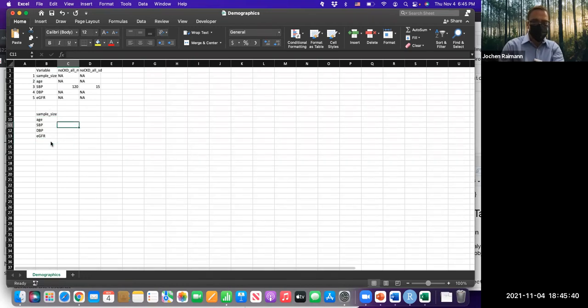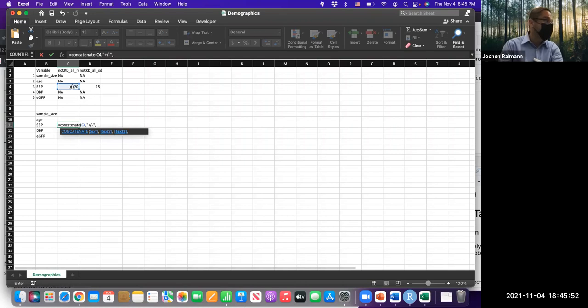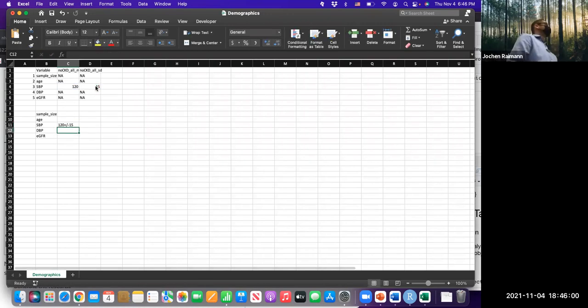And you can say now your SBP is concatenate this, quotation mark, plus minus, because this is how you're reporting it in a publication, standard deviation. And this is how you get it in a format that you can populate an entire row, an entire table in Excel.